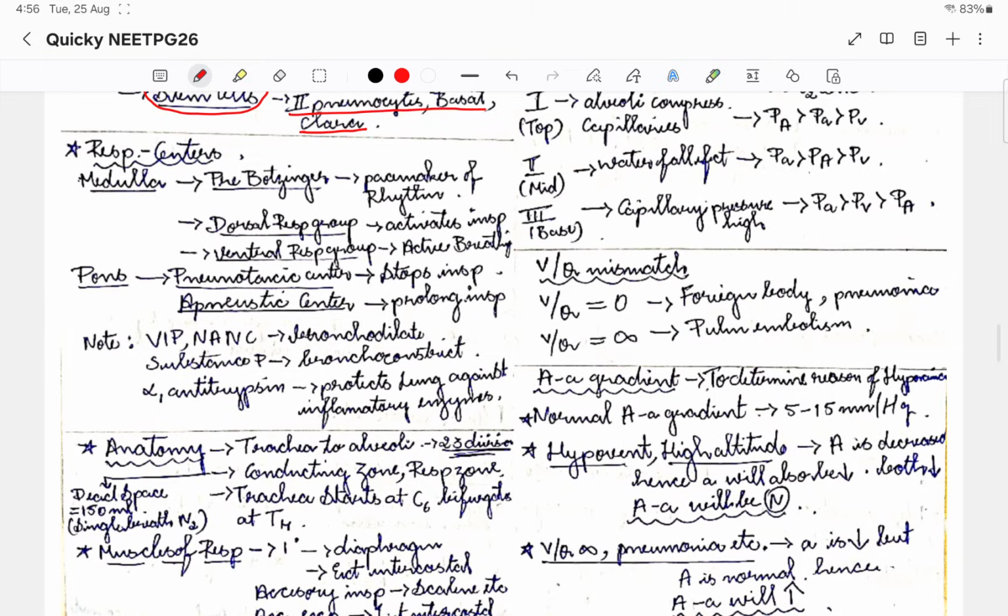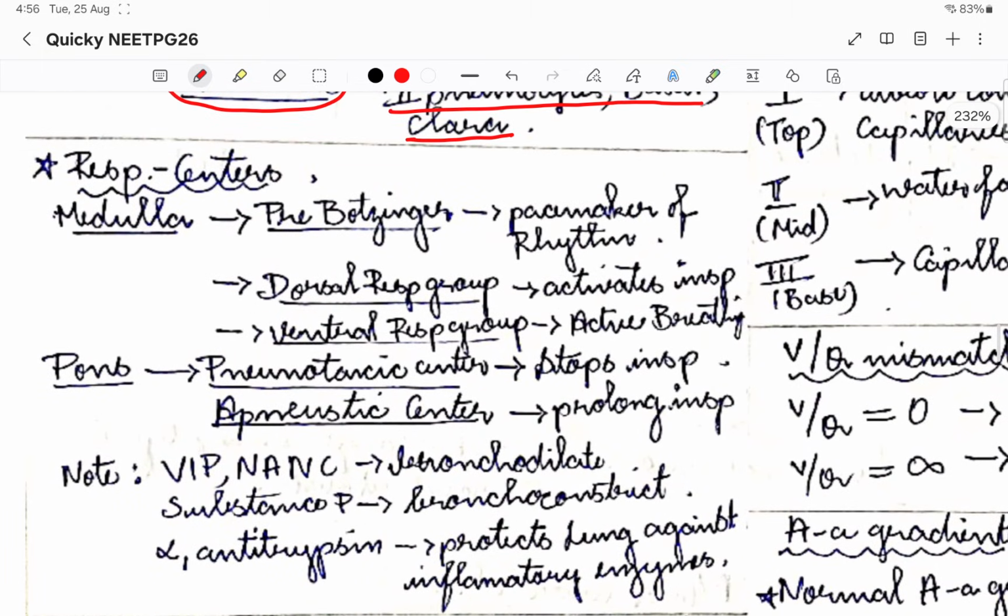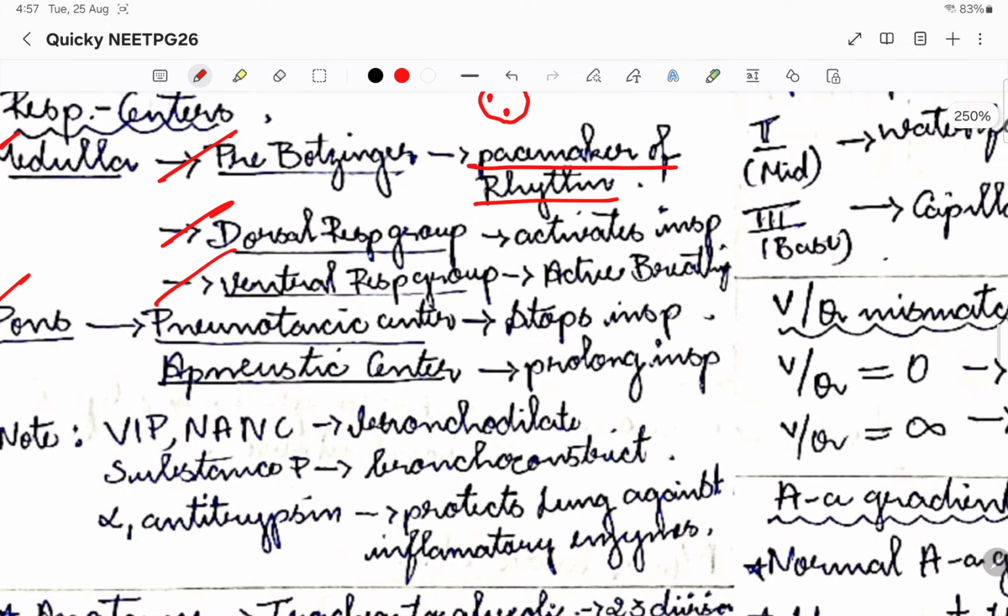Coming to respiratory centers, this is very important. The two respiratory centers in our body are the medulla and pons. In the medulla there are the pre-Botzinger complex, dorsal respiratory group and ventral respiratory group. The pre-Botzinger complex is like a pacemaker, like the SA node and AV node with respect to the heart. The dorsal respiratory group activates inspiration, whereas the ventral respiratory group maintains active breathing.